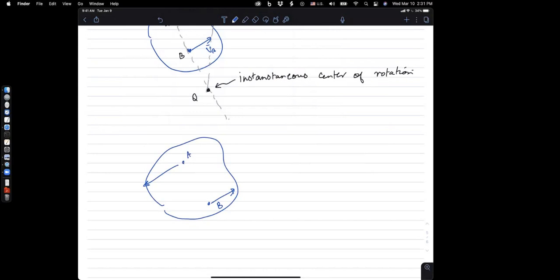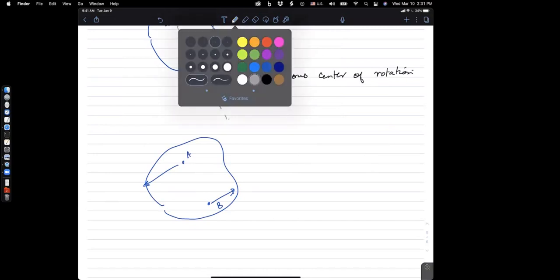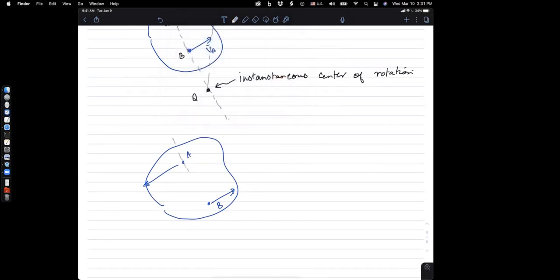But if they're in opposite directions, then you draw the line and connect the heads of these arrows, and where they intersect is your Q. So this is VA, this is VB. This works whether these two arrows are equal size or unequal size.